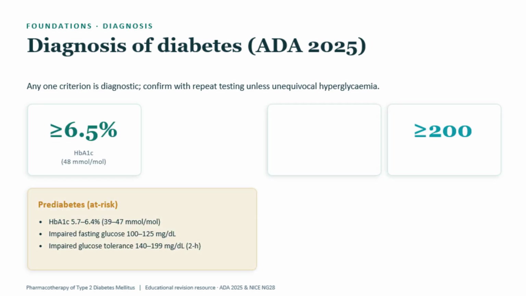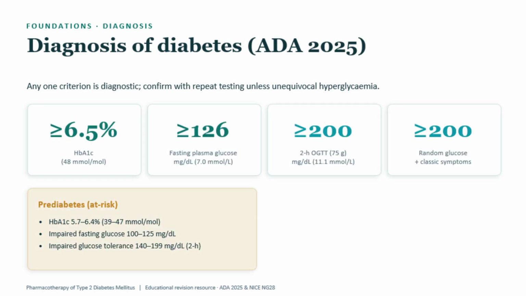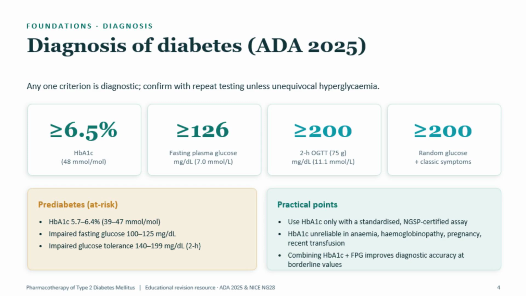Let's nail diagnosis, because you will be asked this. Any one of these 4 criteria makes the diagnosis: an HbA1c of 6.5 or higher, a fasting glucose of 126 or more, a 2-hour OGTT of 200, or a random glucose of 200 plus classic symptoms.